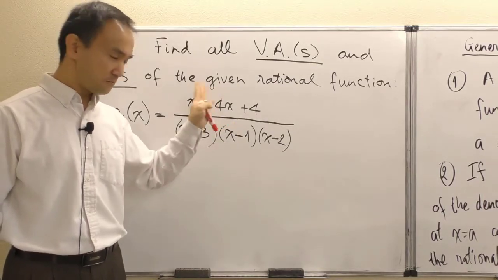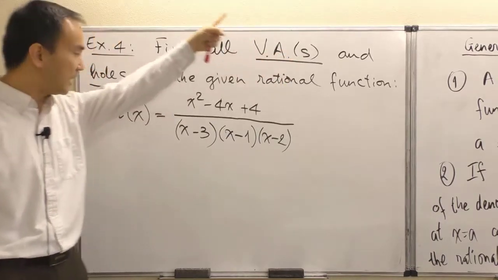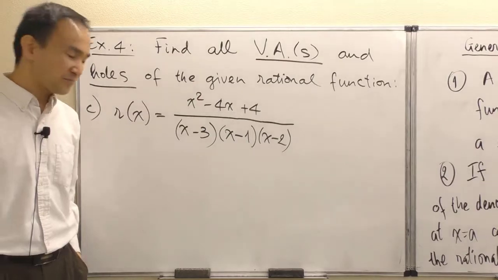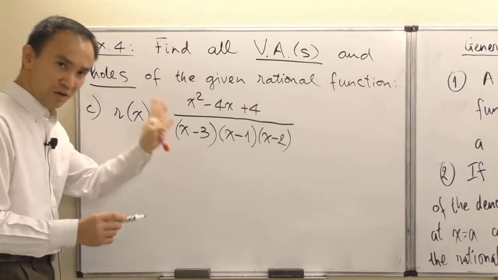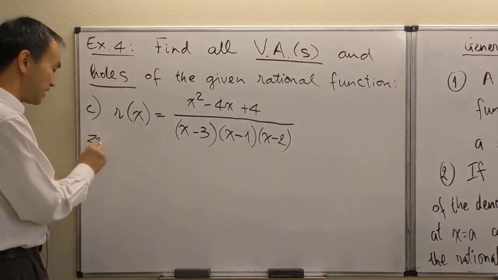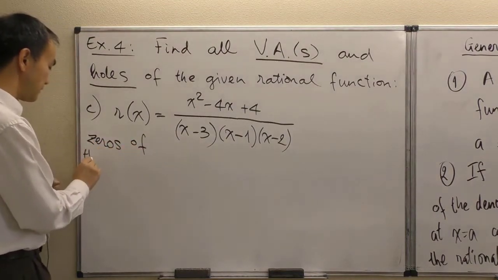So with this rational function given to us here, let's find all VAs and holes of the given rational function. Once again, the steps formally lay down as follows. First, we identify all zeros of the denominator.